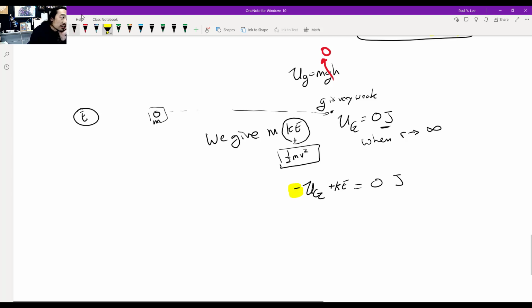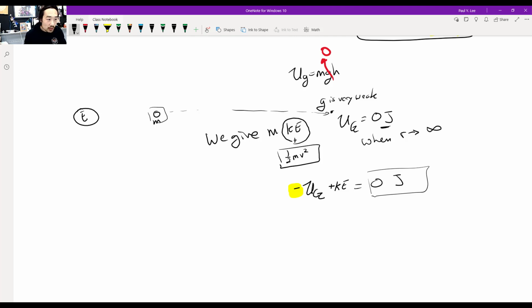Mathematically, and also in terms of calculus, in order to reach a potential energy of 0 joules, you have to start from a negative number and add positive kinetic energy. If you do that and shoot the object off into the far recesses of the universe, it'll have 0 joules.